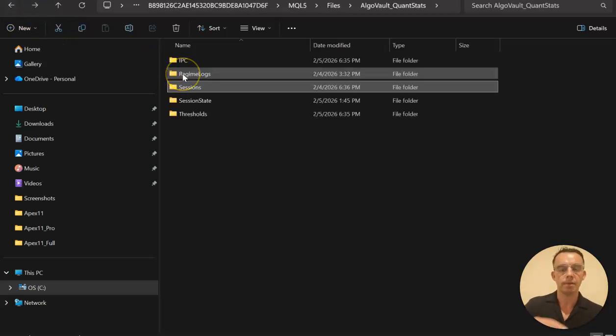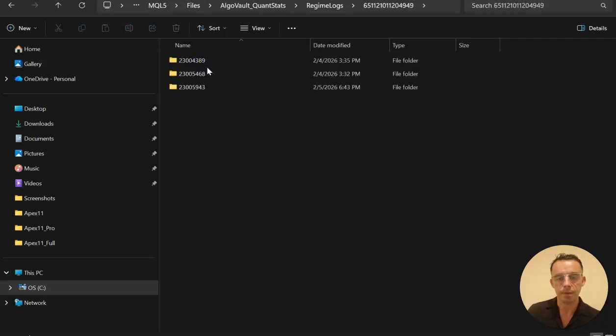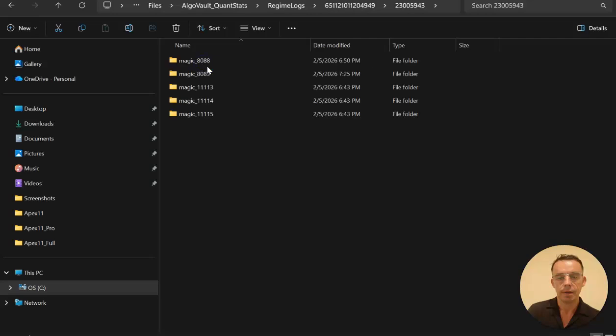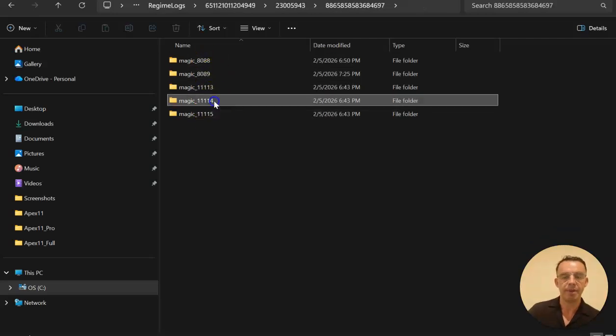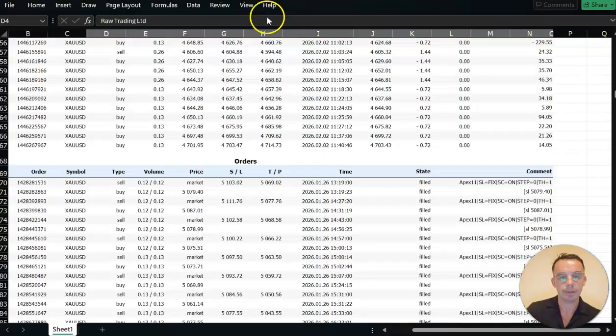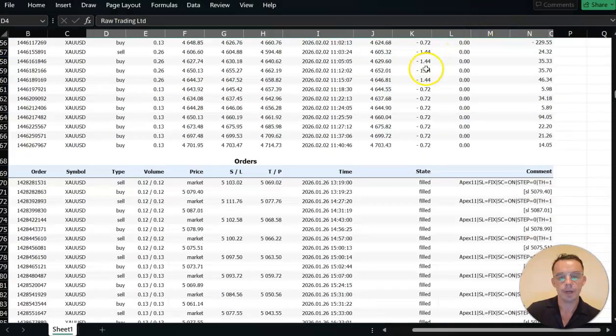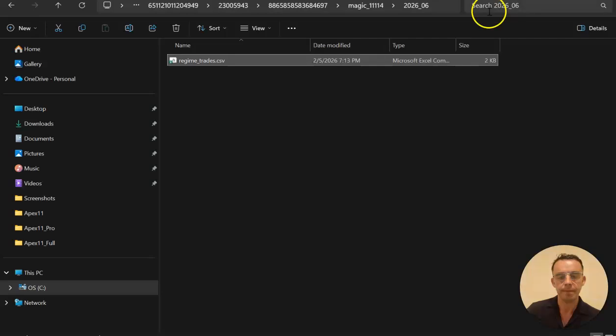Regime logs, we'll create files, and this is all fed back into the AI. So regime trades, this is the file it will track for you, and that's just updated every single day.